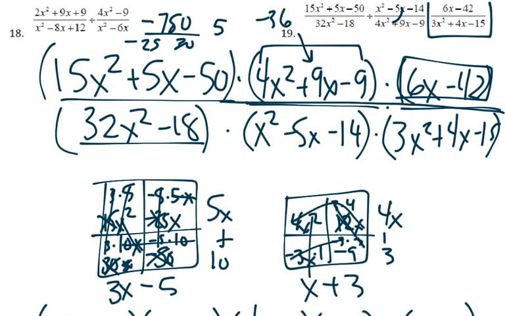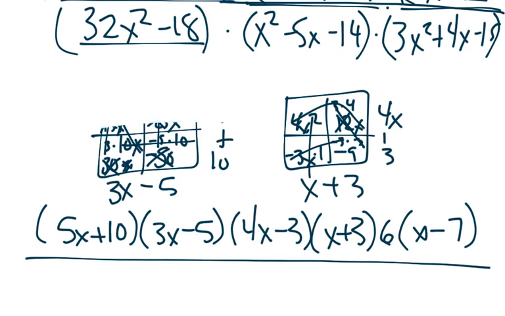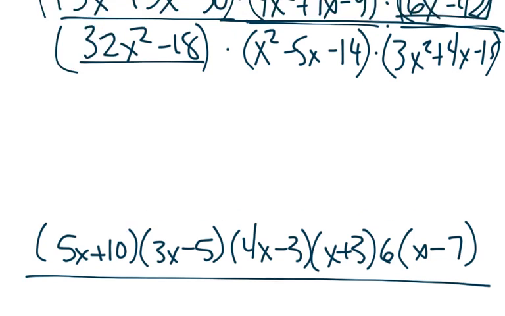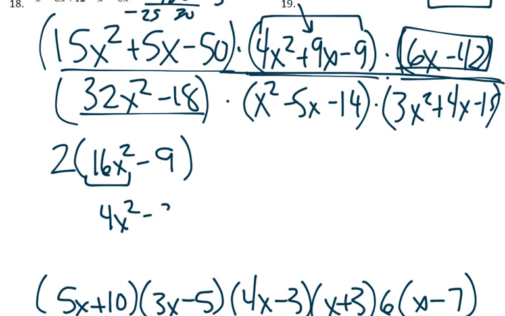Why is the number not jumping out at me? Yes, we can pull out a 2, which would give us 16x squared minus 9, which is like 4x squared minus 3 squared.